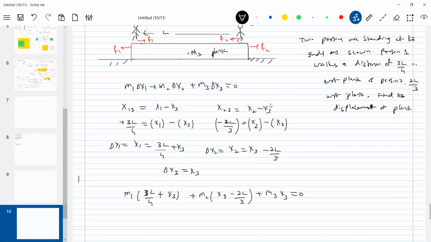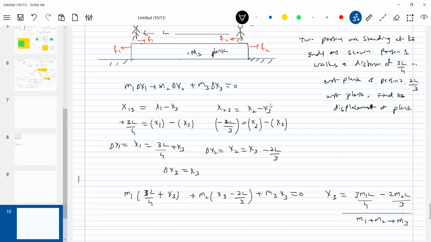So what is the resultant? x3 should be equal to 3 M1 L by 4 minus 2 M2 L by 3, divided by M1 plus M2 plus M3.